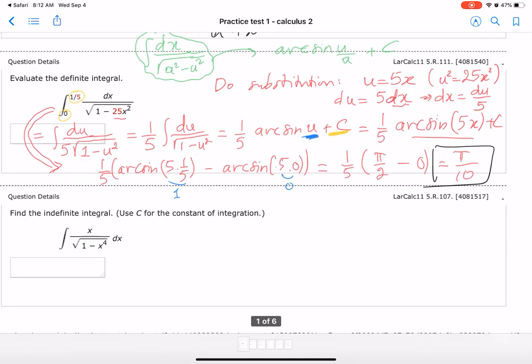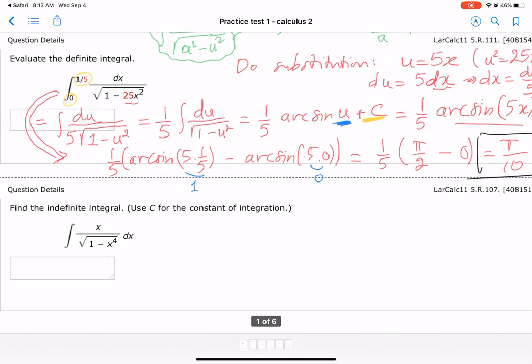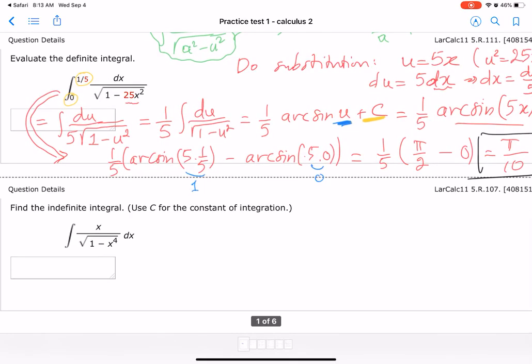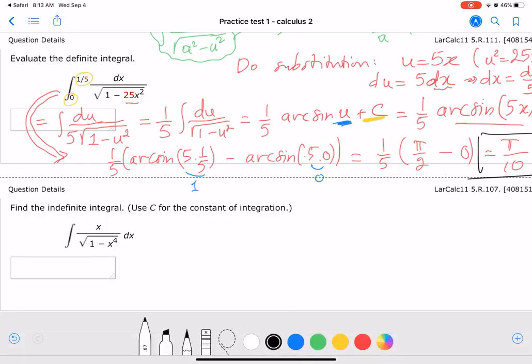In this problem, they ask us to find the indefinite integral. Okay, so you see, we have the square root of 1 minus x to the 4, and here on the top, you have the combination x dx.